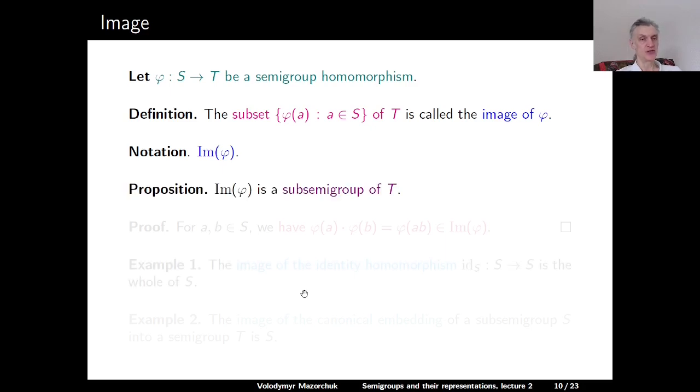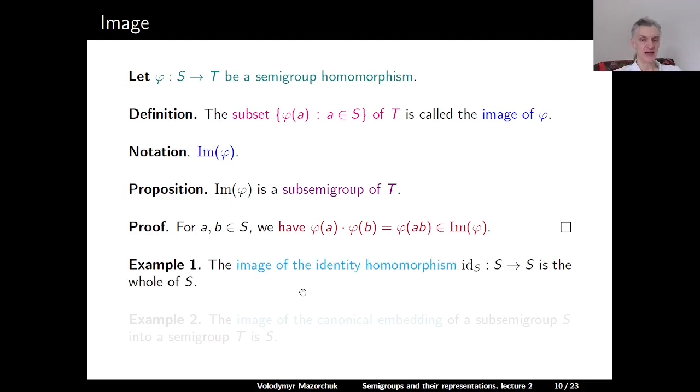Proposition: the image of phi is a subsemigroup of T. Indeed, if we take two elements A and B in S, then phi of A times phi of B is equal to phi of A times B, because phi is a homomorphism, and of course phi of A times B by definition belongs to the image of phi. So the image of phi is closed under the operation.